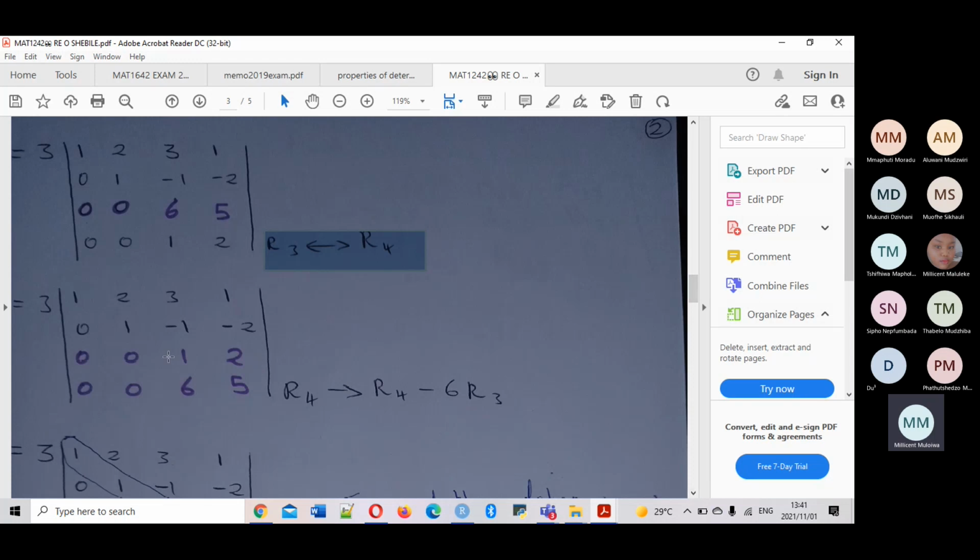So when we swap row 3 and row 4, when we swap those two, you are going to have something like this.